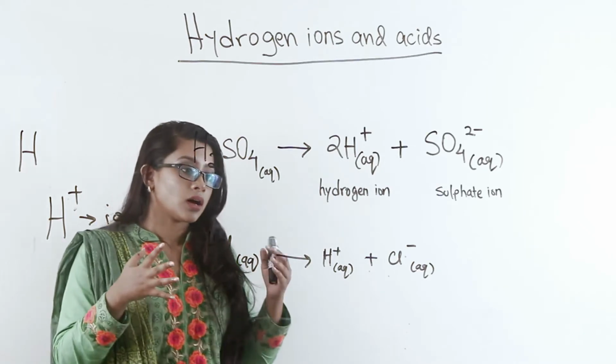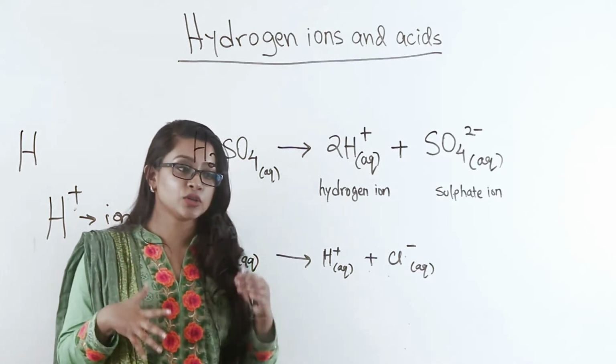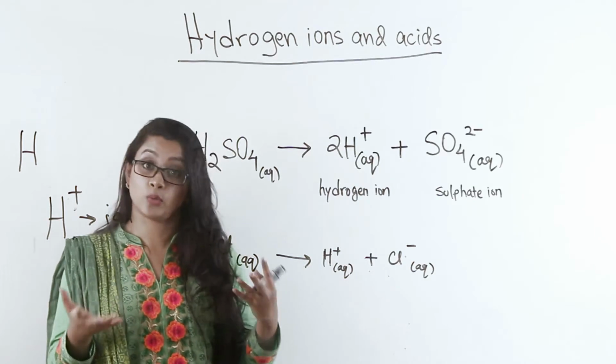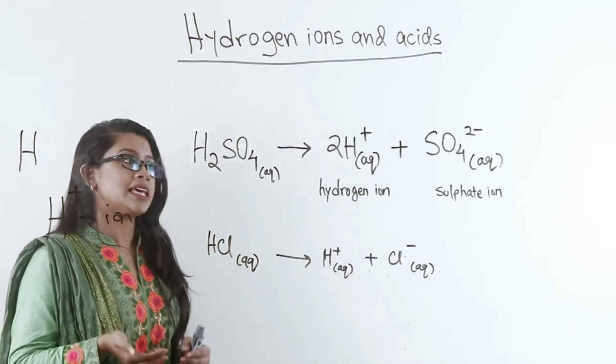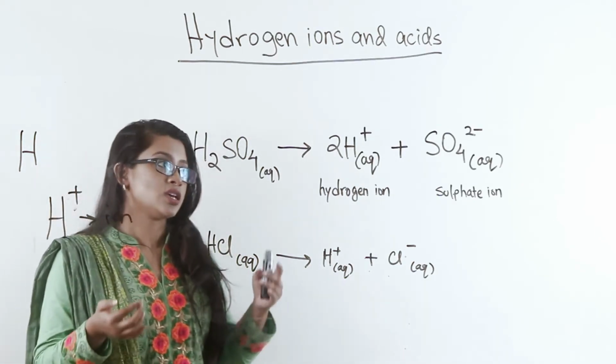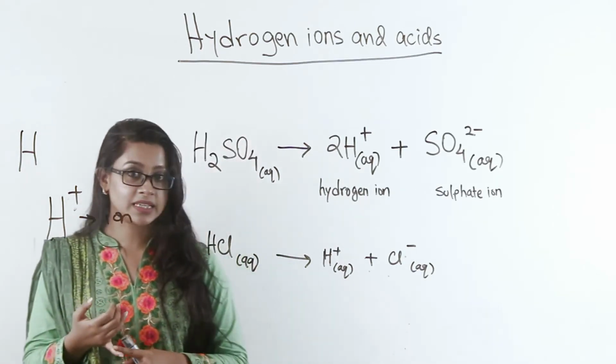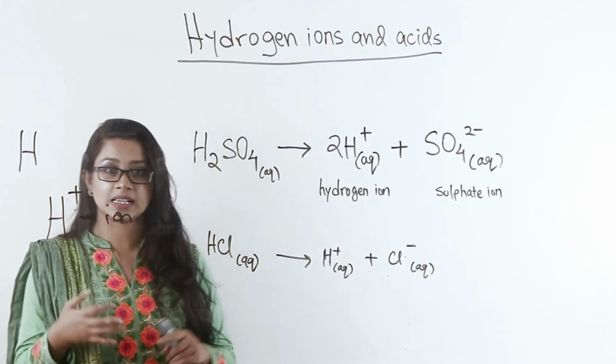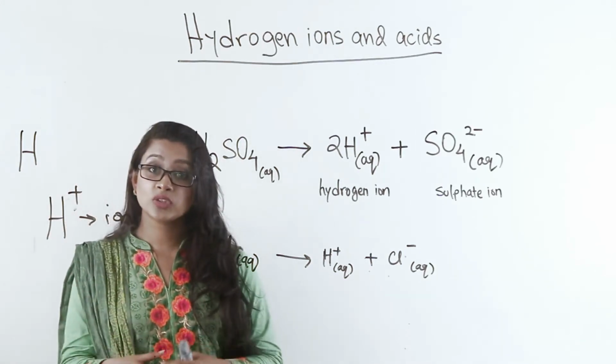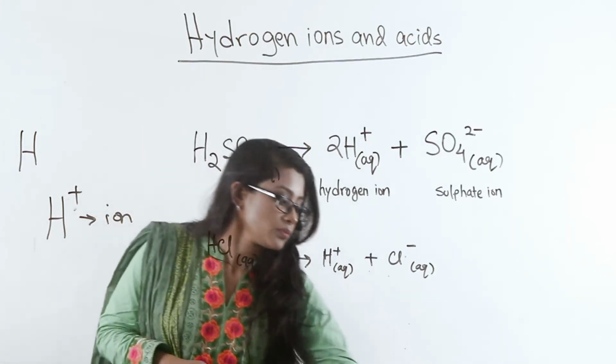So how many hydrogen ions do you need for it to be an acid? Well, one is enough. But even then, there are acids that are classified into further groups such as monobasic, dibasic, tribasic, etc. Now, what do these words mean?